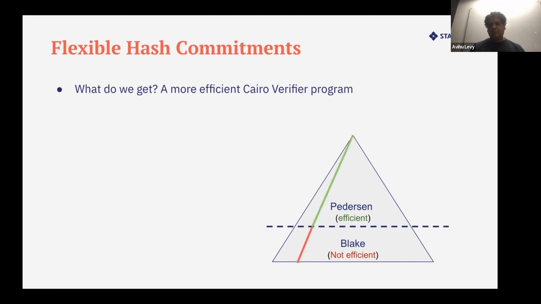And because of that, if we look at one path, before this path was made of Blake completely, and now we replace some of this with Pedersen, then the verifier work will become smaller.